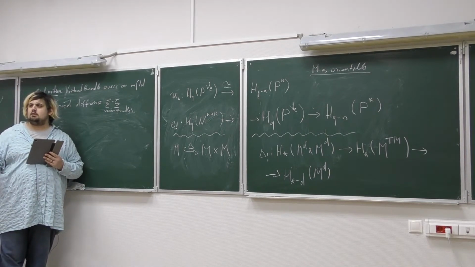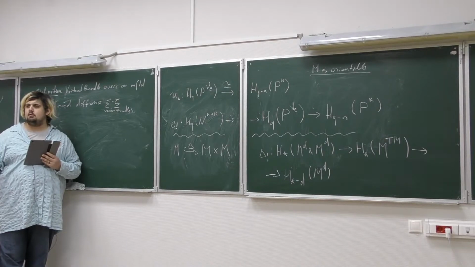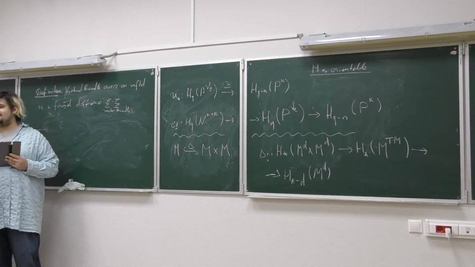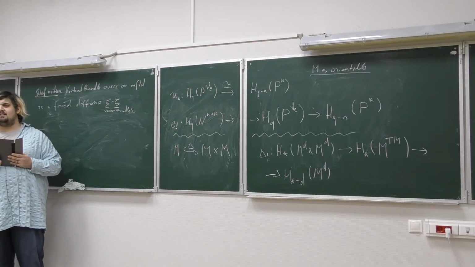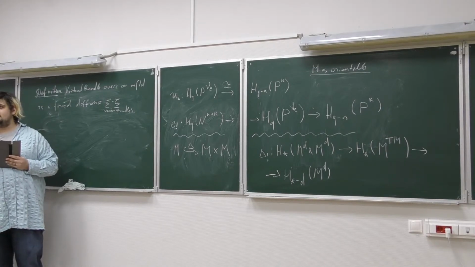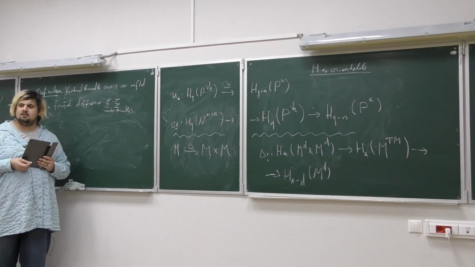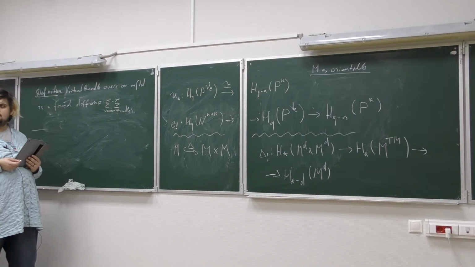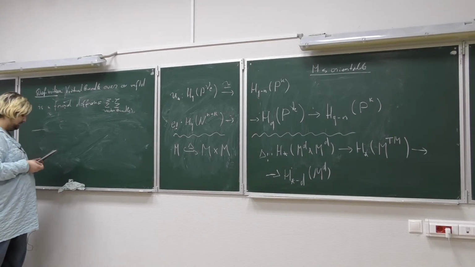My definition of Chas-Sullivan multiplication. It was long ago, like 10 minutes ago. The last arrow was LM times LM over M to LM. Yeah, it was supposed to be a loop multiplication, yes. So LM is a group over M, and this is the multiplication. Yes, group over M.